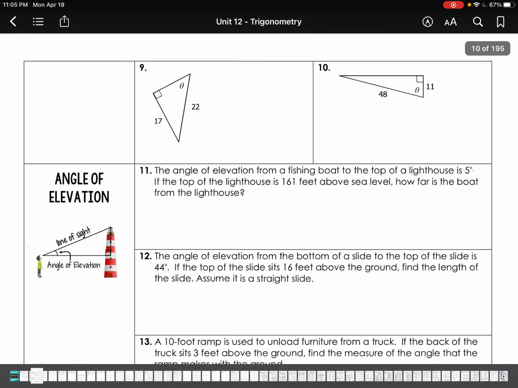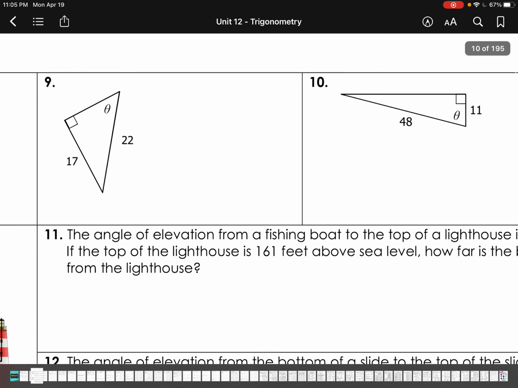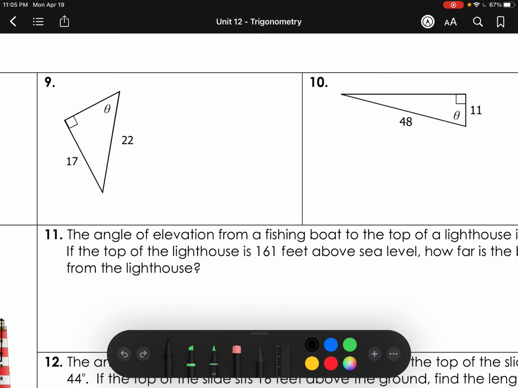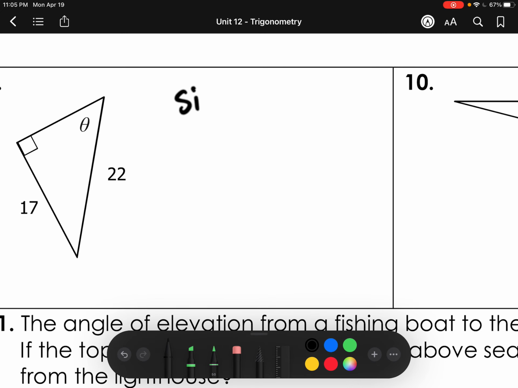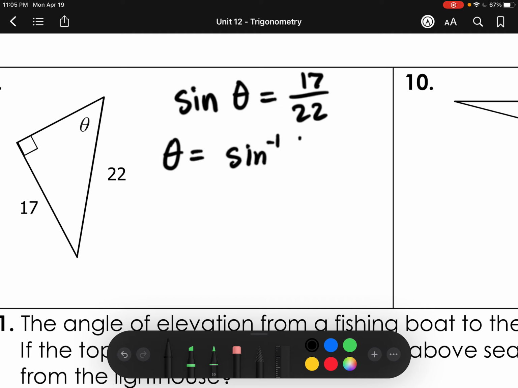All right, if we look at the back side, now we're at number 9. We're given theta, and we're given the hypotenuse and the opposite side. So that's sine, right? Sine is opposite over hypotenuse. So sine theta is equal to opposite, which is 17, over hypotenuse, which is 22. And theta is going to be the inverse of sine of 17 over 22.